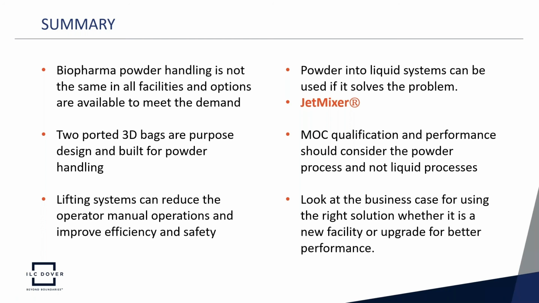And again, the powder process is different than the liquid process. So some of the requirements, like the anti-static material, are good to evaluate to be sure that the right materials are being chosen. So we're looking at the business case for using the right solution, whether it's in a new facility or, as in the case study, an upgrade in an existing facility, for better performance and to reduce the labor needed in the powder handling process.